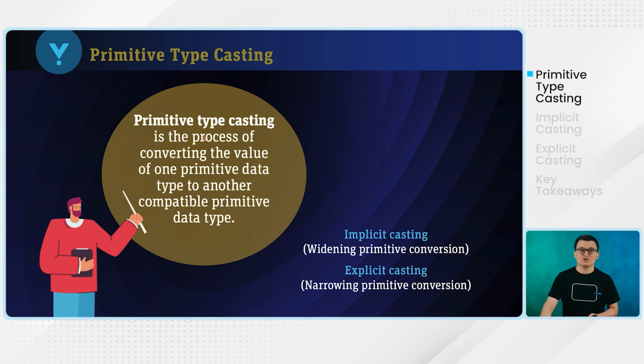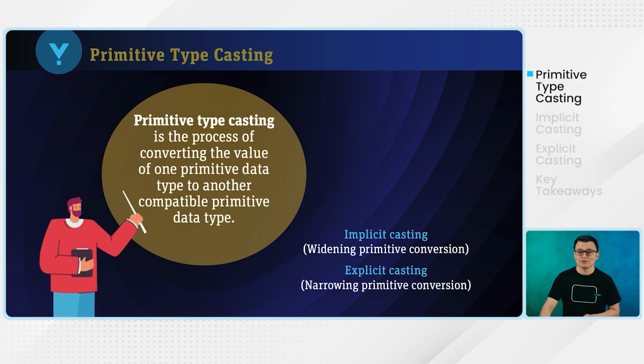The definition of casting is converting from one type to another. Primitive typecasting is the process of converting from one primitive type to another primitive type. It happens between primitive data types, whereas reference typecasting happens between non-primitive data types.